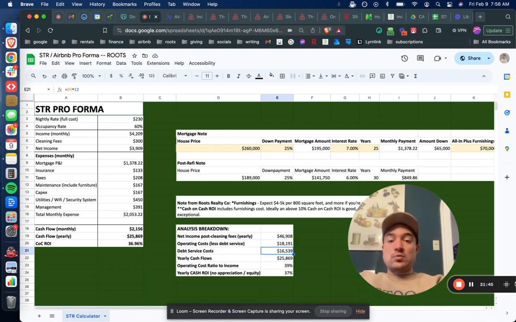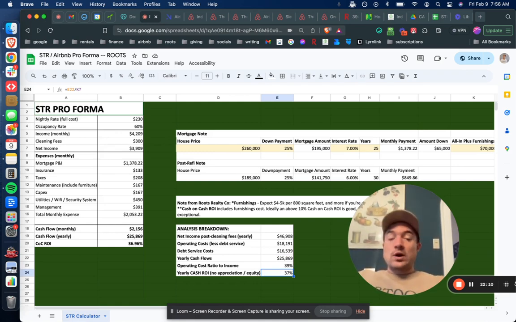So our debt service, our mortgage principal and interest payment each year is 16,500 about. So you keep this number, you subtract 18 and 16, you get 25,000 in yearly cash flows, which helps us calculate this number. Our cash ROI is 37%, which is very strong.